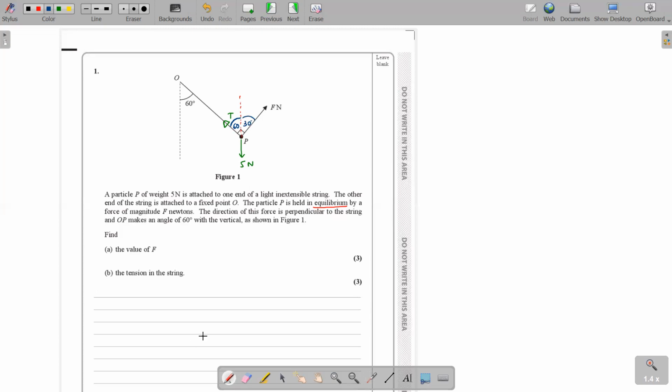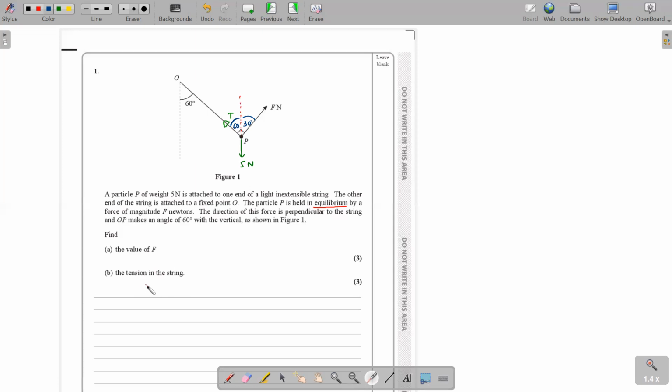Okay, so to find the value of F. They want the value of F in part A and the value of the tension in part B. Once again, there's a really important thing: you cannot use the help of part B to find the answer of part A. Is that clear?